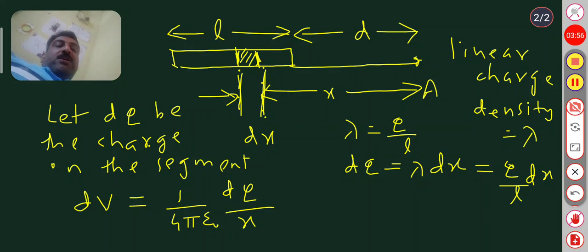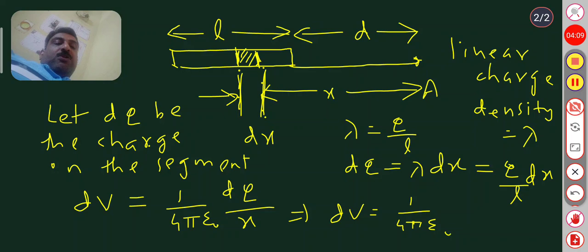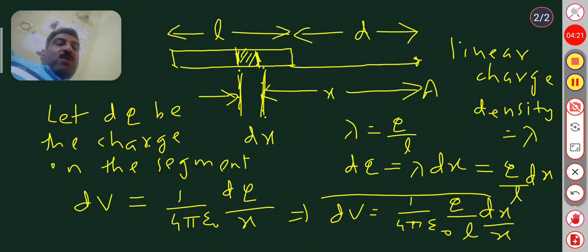That is the charge in terms of the total charge Q and length L. So I can write dV as 1 by 4 pi epsilon 0 into Q by L into dx by x.